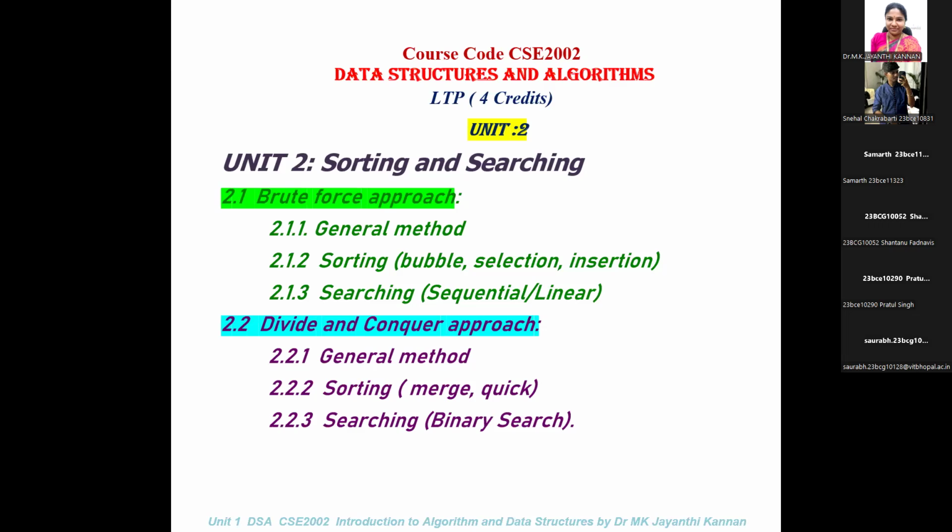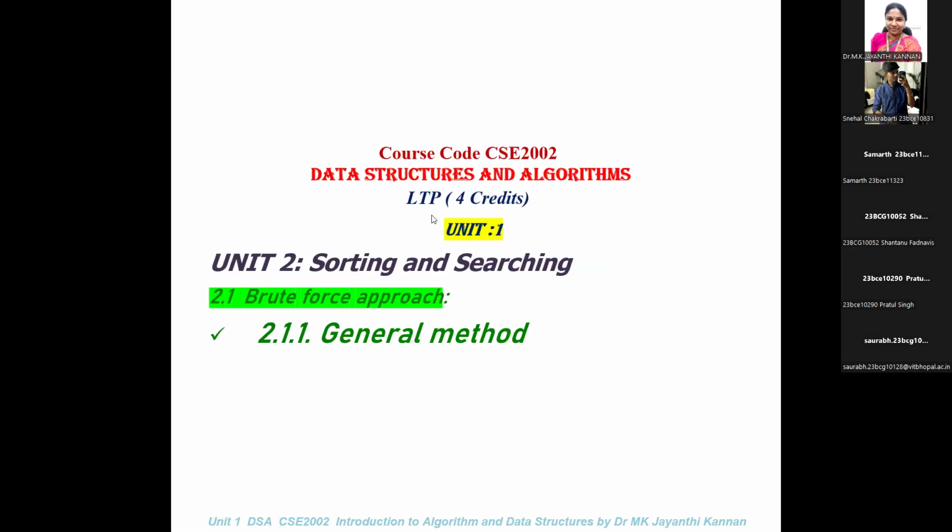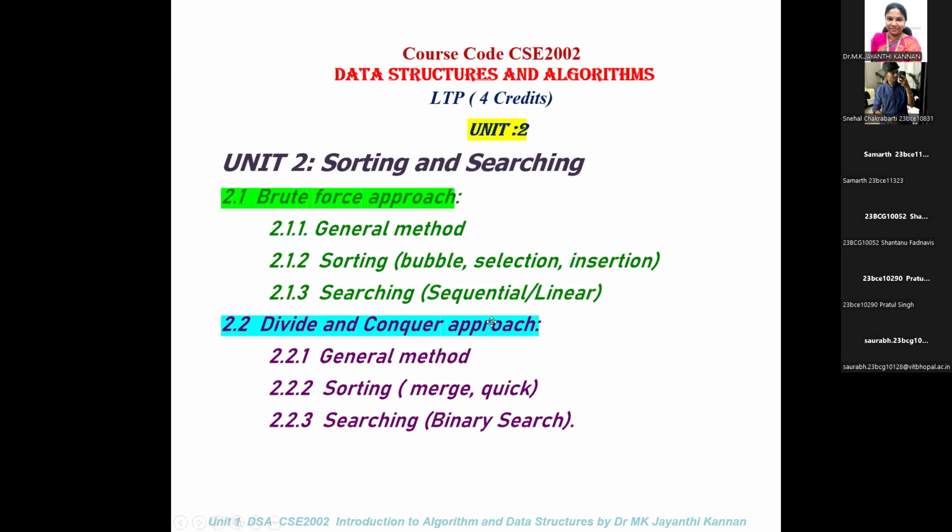In Unit 2, we are going to discuss sorting and searching techniques. Sorting and searching can be performed using different methods. The most widely used methods are the brute force method and the divide and conquer approach.